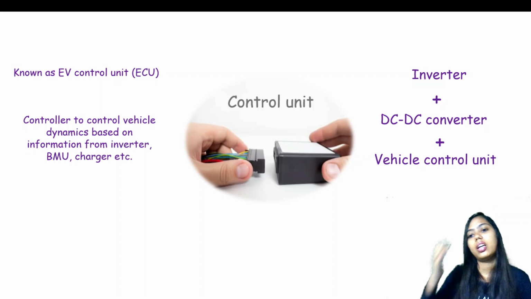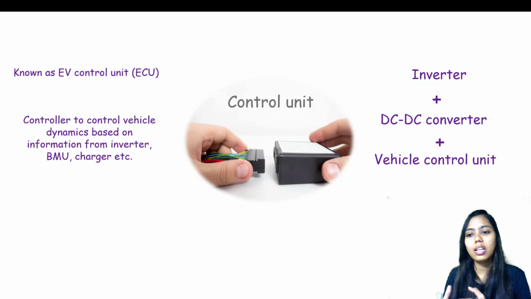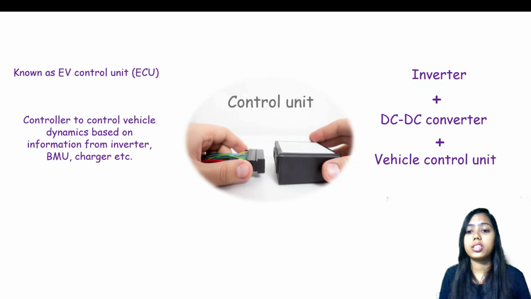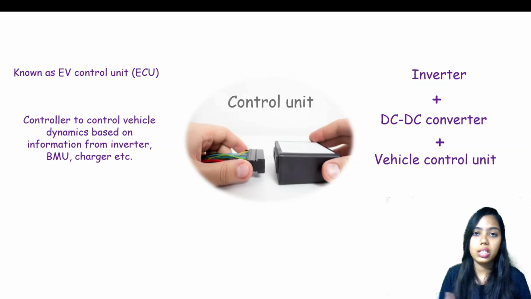And this vehicle control unit is mainly used either to increase the mechanical performance of your vehicle, or to suit the operator's driving style. And inverters, converters, control unit, these are the components of the overall control unit, or we can say ECU.